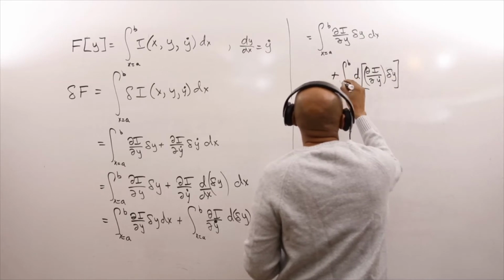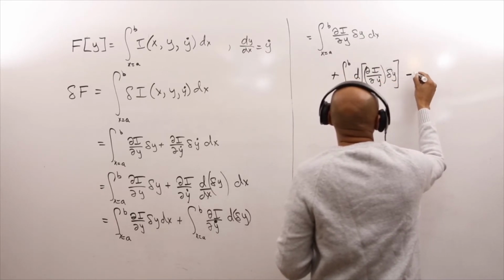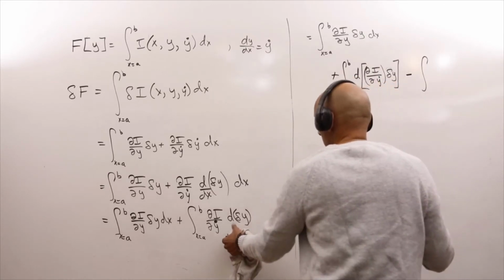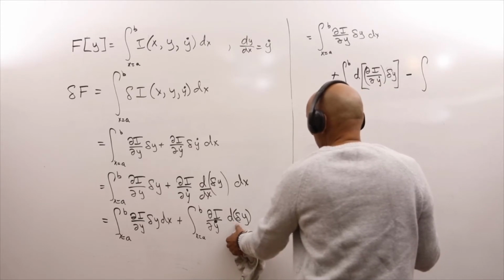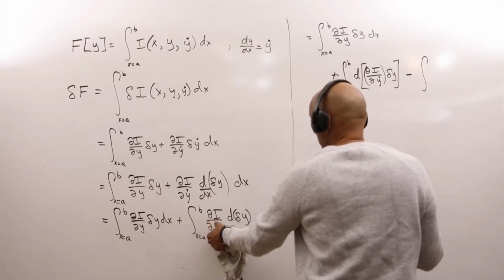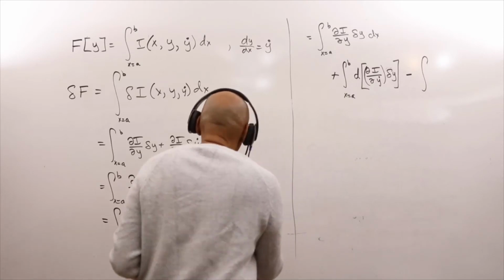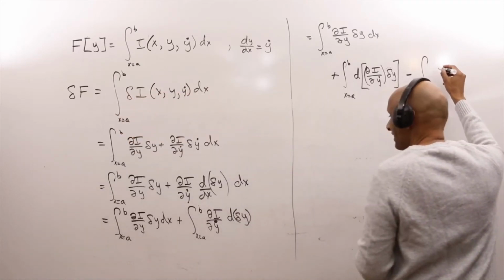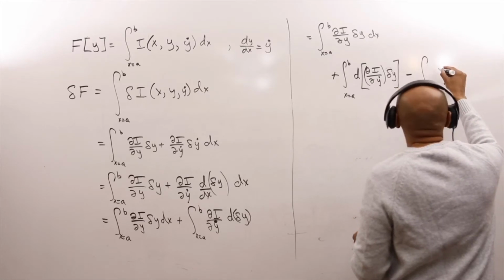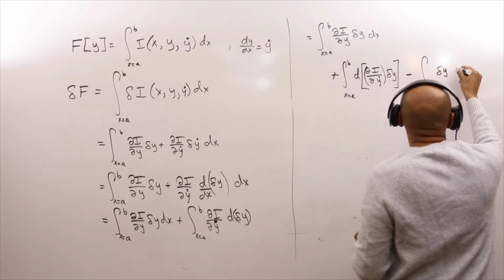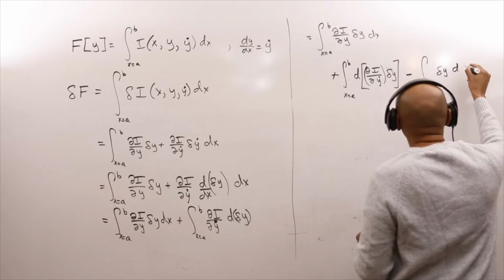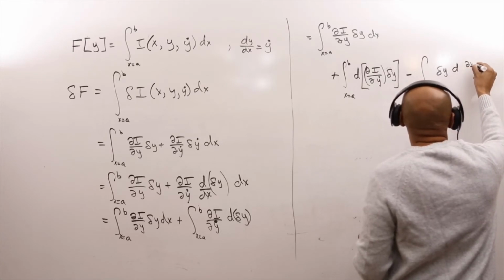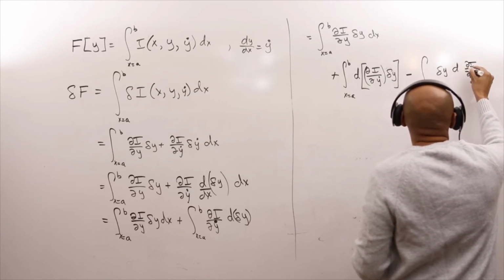So this is a plus, and then there's a minus integral where I move the derivative. So I'm going to move the differential to the other side. So this is really the variation of y times the integral of the I dy dot.